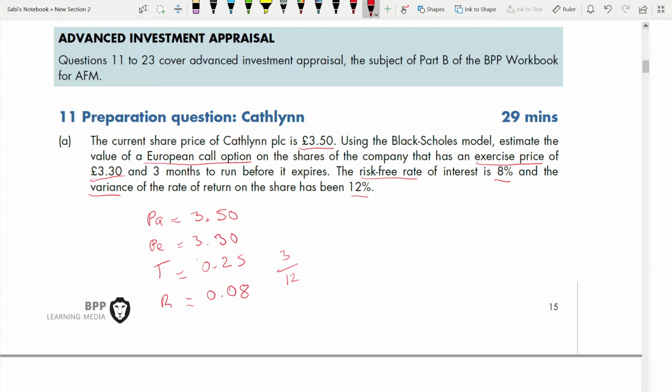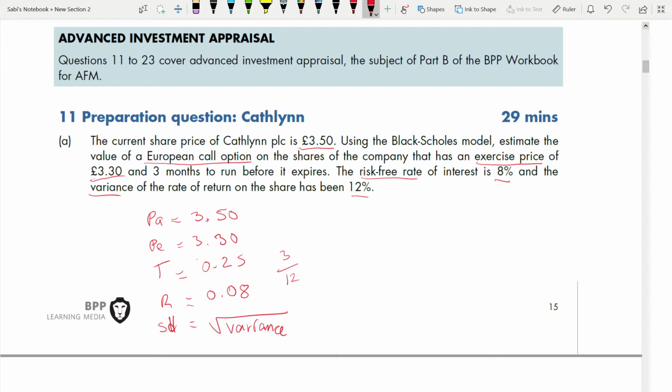The square root of variance is the standard deviation. Always, whenever variance is given, you need to convert it to standard deviation because you cannot use variance in your formula. But if standard deviation is given to you, then you don't have to make any changes. You can use it as it is.